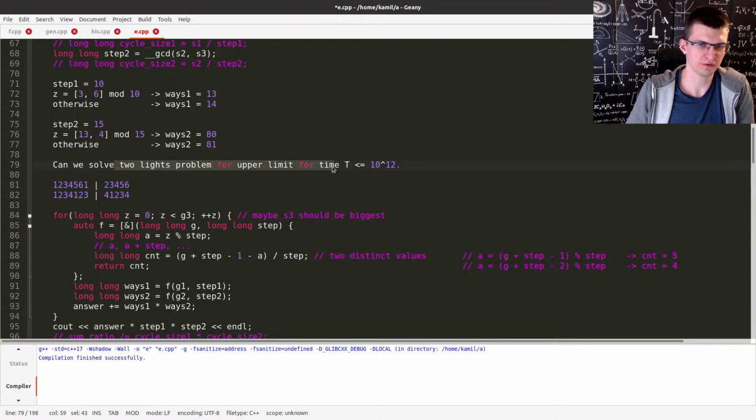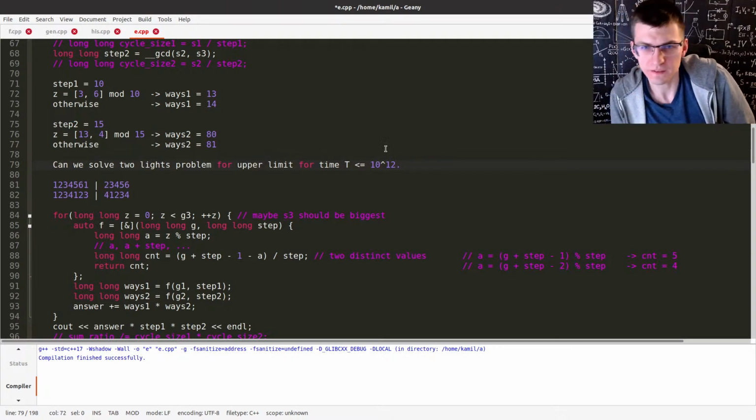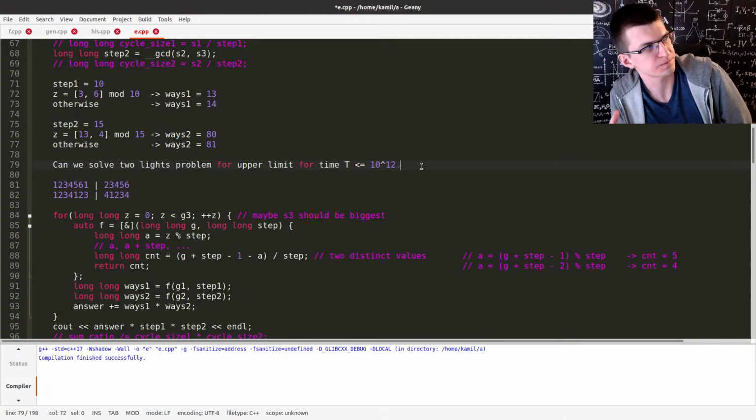And now if we deal with 2 lights, then for sure this is easier than the 3 lights problem. If this was huge, then anyway I would take it modulo the LCM of 2 cycle sizes. Okay, but that doesn't matter.